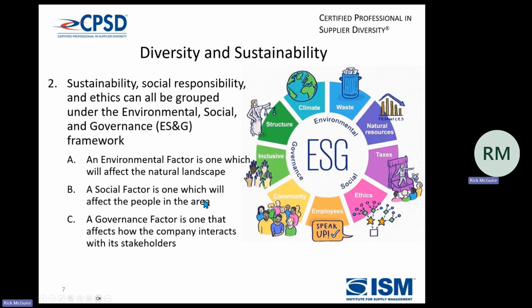A social factor is one which will affect the people in the area. And a governance factor is one that affects how companies interact with their stakeholders. So governance has inclusive, community, employees. Social has ethics, taxes, environmental, natural resources, waste, climate.